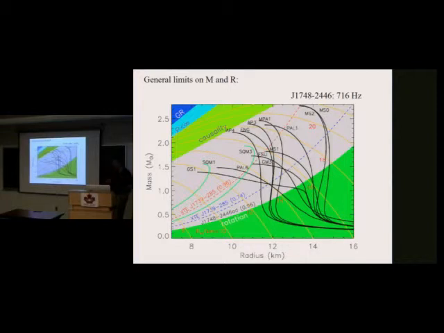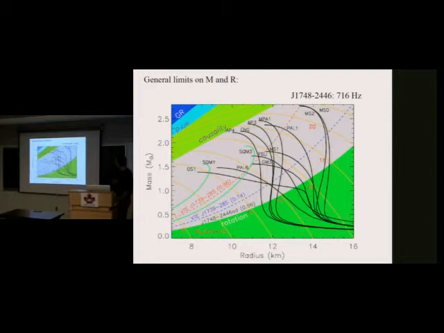Here's another diagram from Latimer, where again we've got a bunch of equations of state in black for neutron stars, and these green ones for strange quark matter. But here he's given some other general limitations on what we know without doing any measurements. For example, this GR blue region is excluded because the star itself must lie outside its Schwarzschild radius, otherwise it would be a black hole.